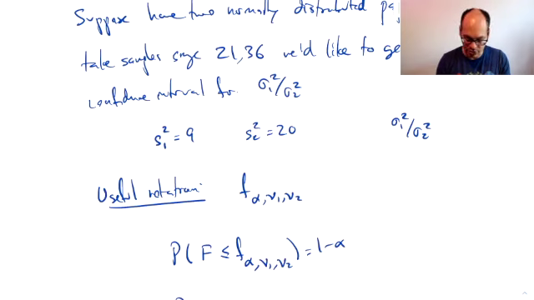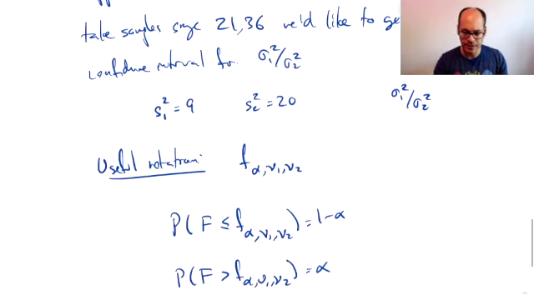Or in other words, the probability that an F variable is at least this large is alpha. So there's only alpha left in the tail of the distribution, if you will.